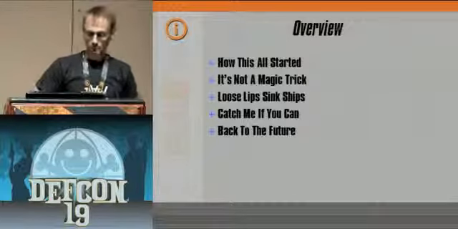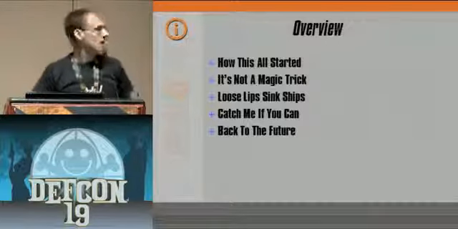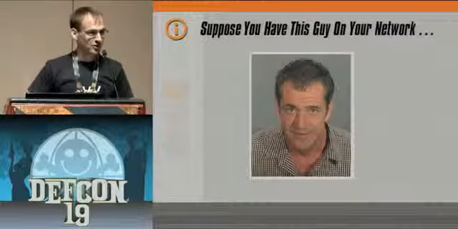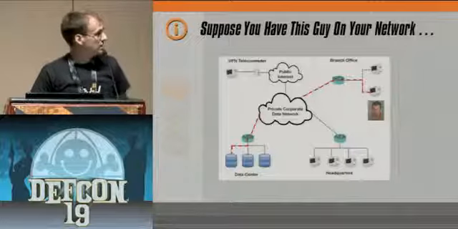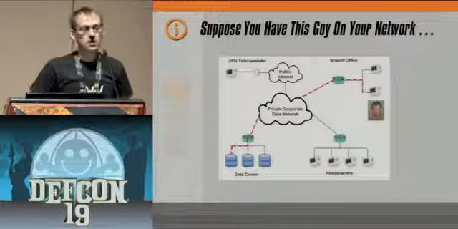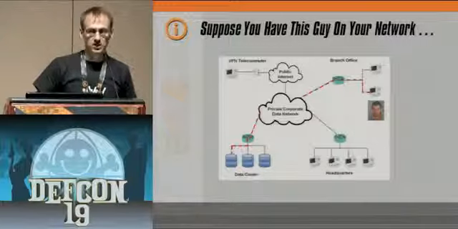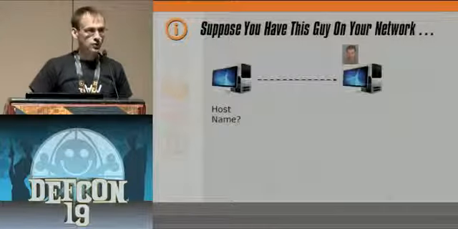Okay? So we'll start with, suppose you have this guy on your network. You really don't know what you're going to get, right? Well, and this guy is involved in some suspicious, possibly malicious activity on your network. How do you identify him?